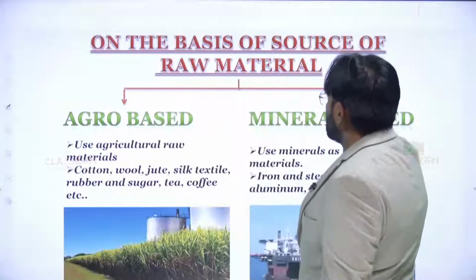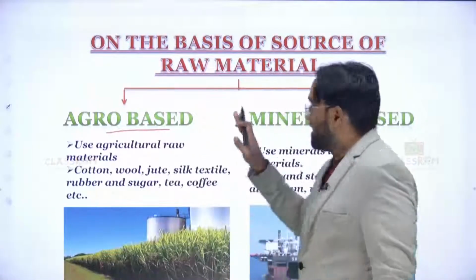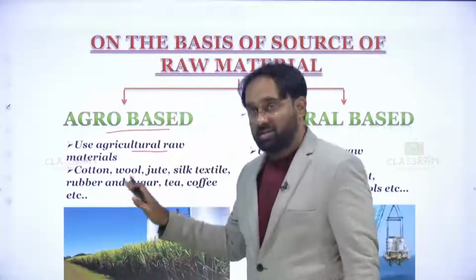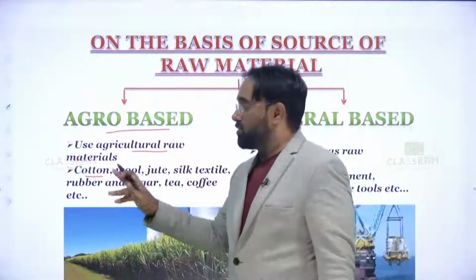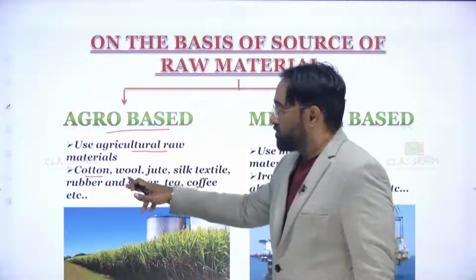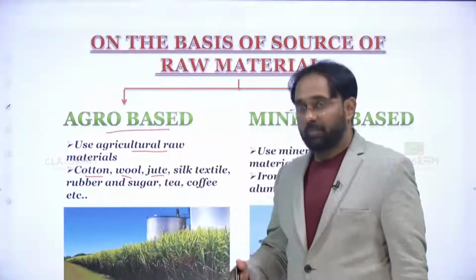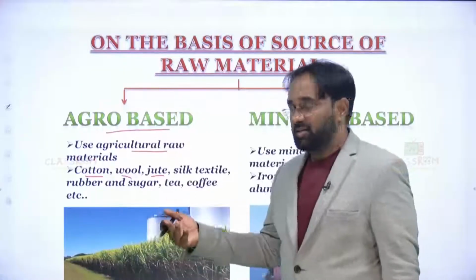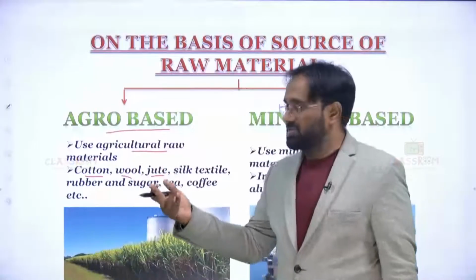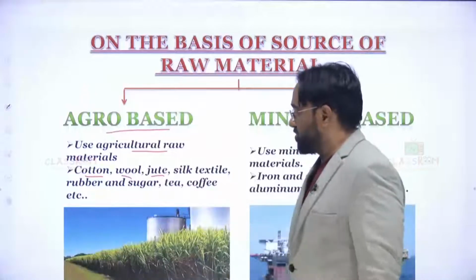On the basis of source of raw material, agro based industries use agricultural raw materials. You use cotton and manufacture textiles, you use wool for textiles, and jute is also an important raw material from which handicrafts, jute bags, gunny bags, all such things are produced.